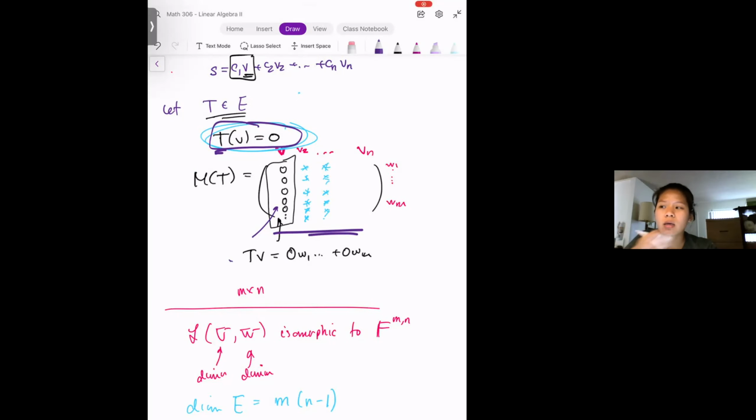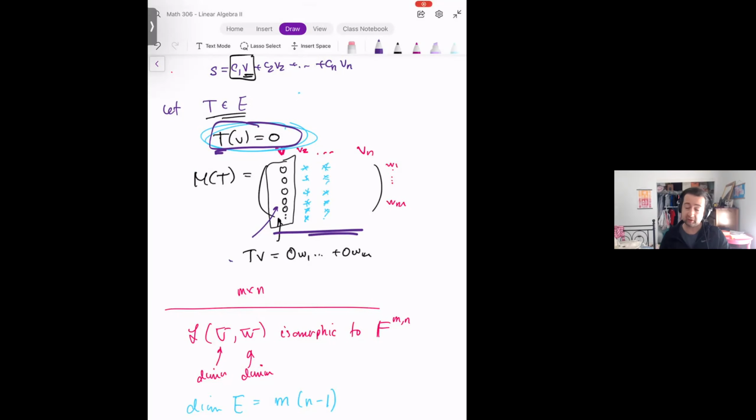Well, because I wrote down T, but the only thing I specified about T was that T of V was equal to 0. So this T is arbitrary, right? T is some arbitrary map that takes V to 0. So what's lurking in the background here is this fact: the linear maps from V to W being isomorphic to F^(m×n) means that you can go back and forth from one space to the other.